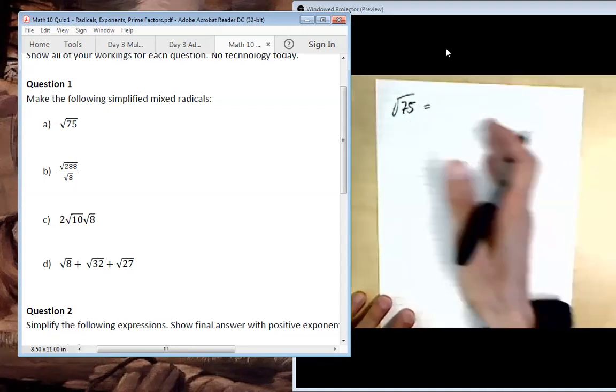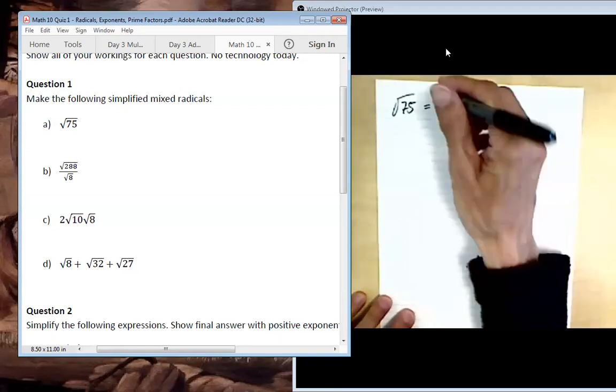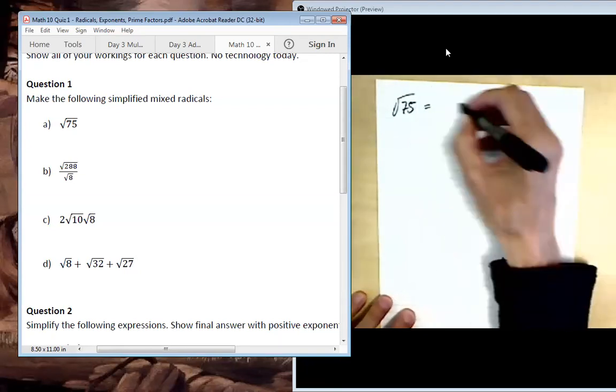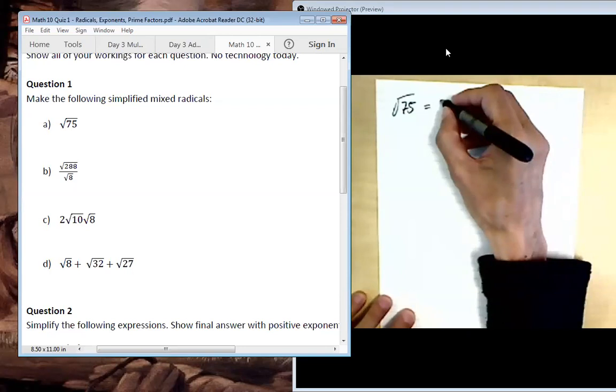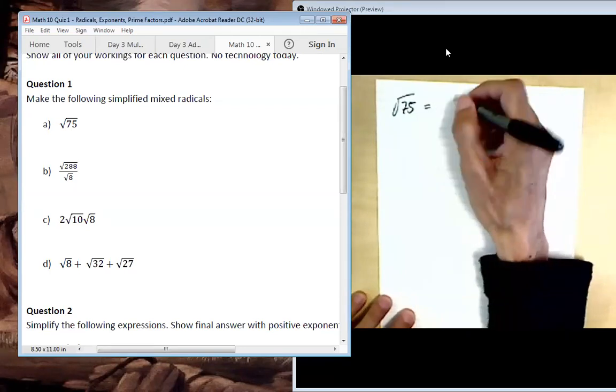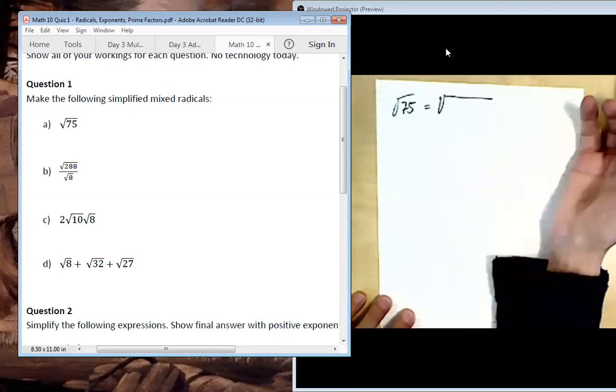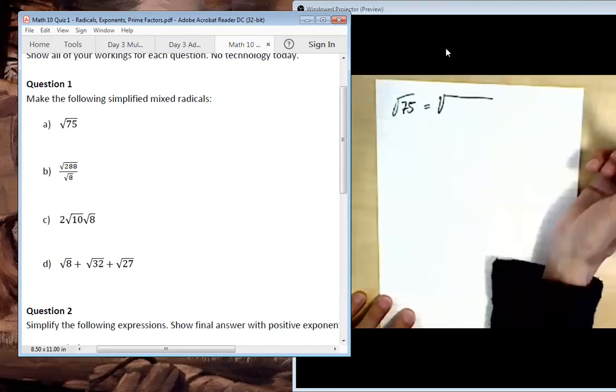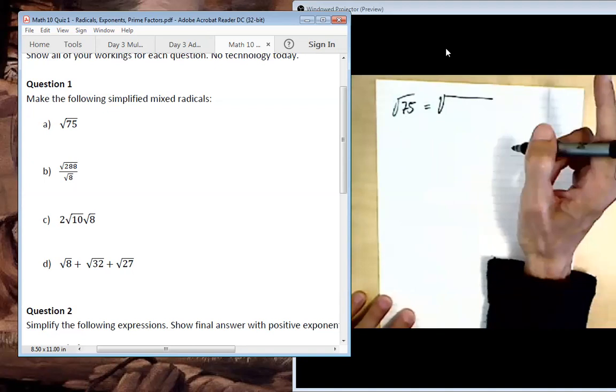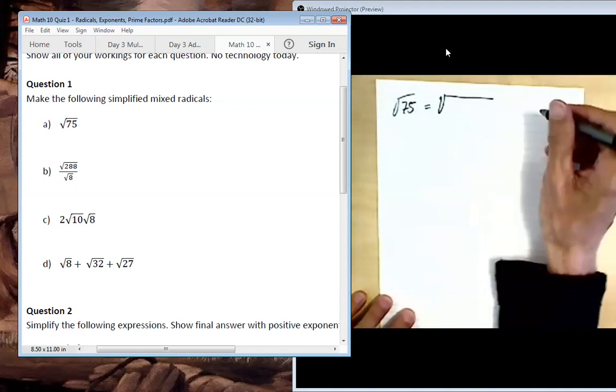That's a big list of numbers, like 1, 4, 9, 16. So 75, how can we write it with a square number on the inside there? 25 and 3.